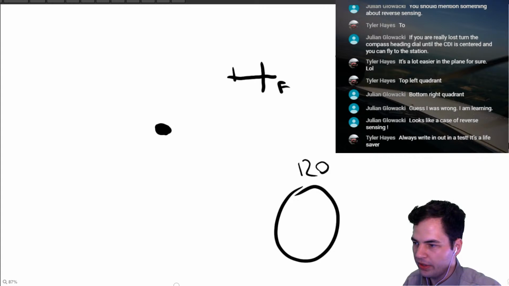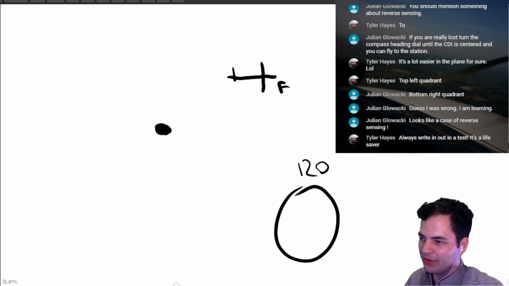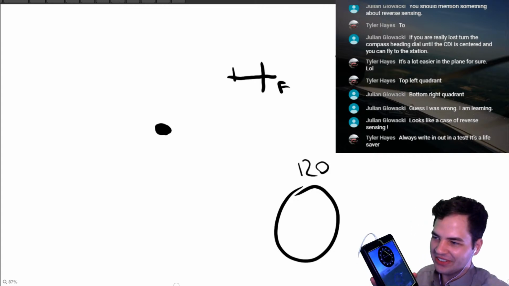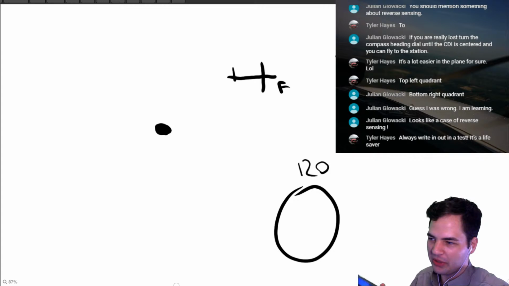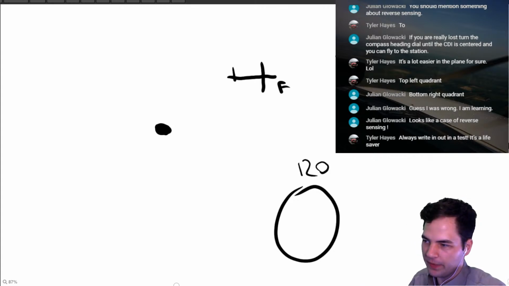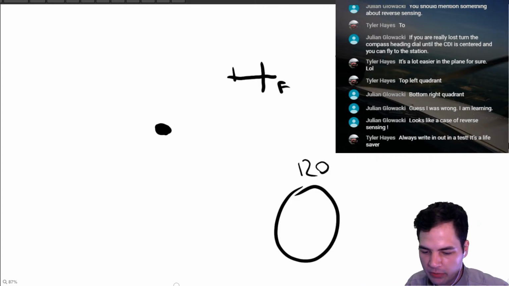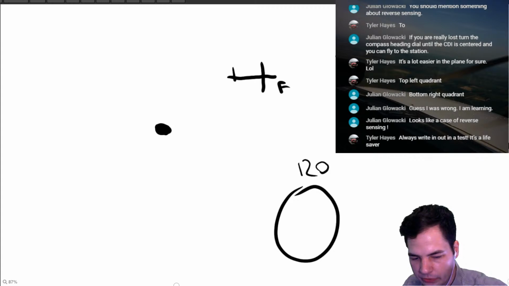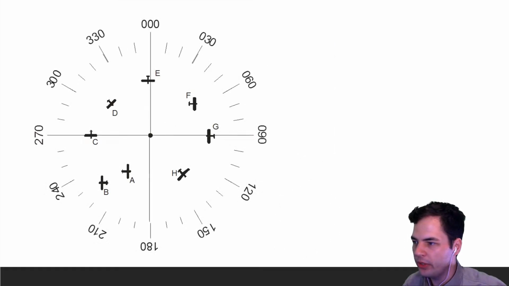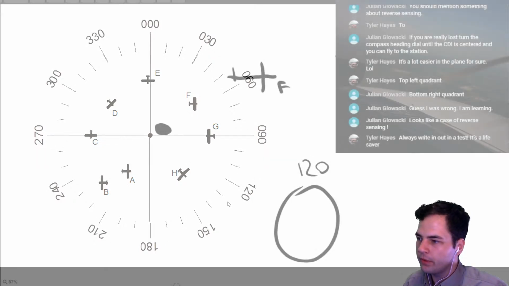So if you're a cheater, you could get a head start and start playing around with the iPad there. I'm going to start by getting my cardinal directions sorted out first off. So 120. When we cheat and look at the heading indicator, we'll see 120 right here. That's between east and south.